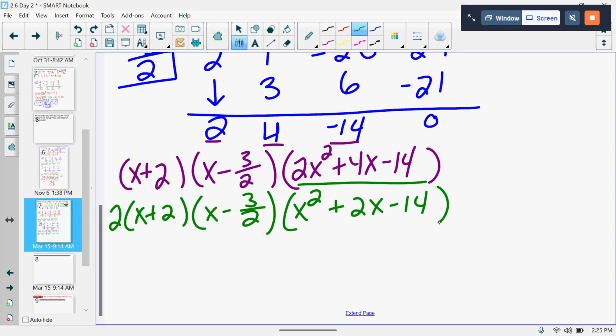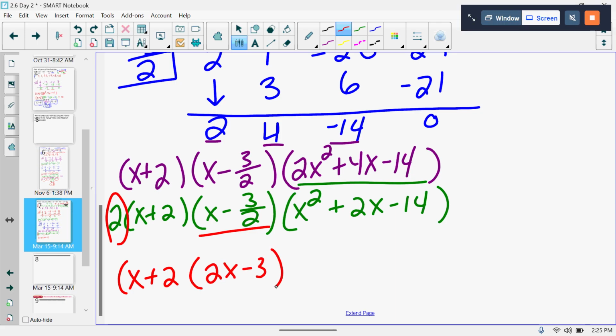And then sometimes, just so you know, we might take this 2 and multiply it into here, you could check, 2 times negative 3 halves, so that it becomes an integer and there's no more fractions, okay? We don't have to do that technically, but usually we do.